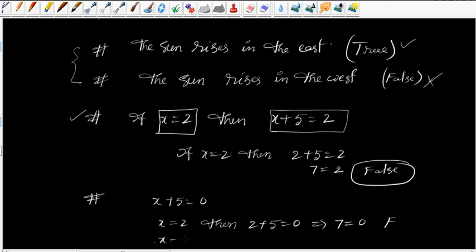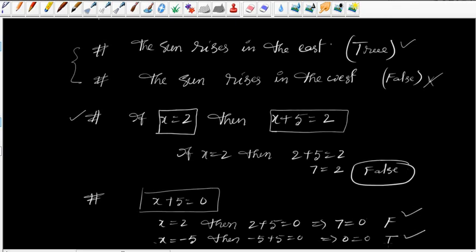Suppose x is equal to minus 5, then minus 5 plus 5 is equal to 0, that means 0 is equal to 0. Here it is true. So this sentence is sometimes false, sometimes true; it has both false and true. Hence, we can't say this is a statement. This is not a statement. This is an example of a non-statement.